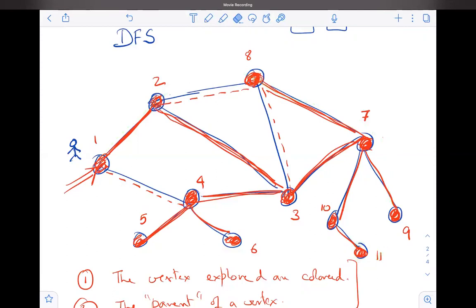But in that case also, you will not be traversing various edges. Maybe there's an edge over here, or an edge not over here, but something else. The edge over here, that edge has not been traversed.